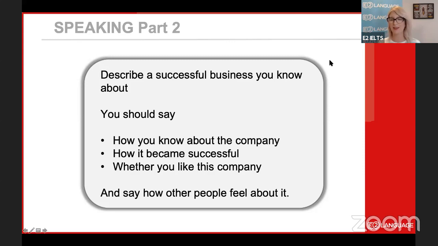The conventional method, yeah. So the other method, guys, is just to follow the cue card. So just follow the prompts. Talk about a business. Firstly, say how you know about it, 20, 30 seconds. How it became successful, 20, 30 seconds. Whether you like it and how other people feel. So top to bottom, that's another strategy that you can use. And we call it traditional, the traditional method.